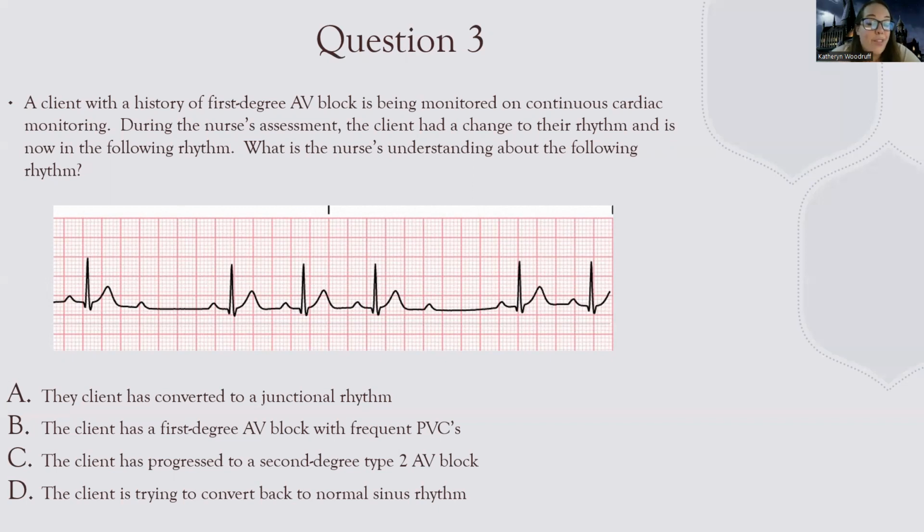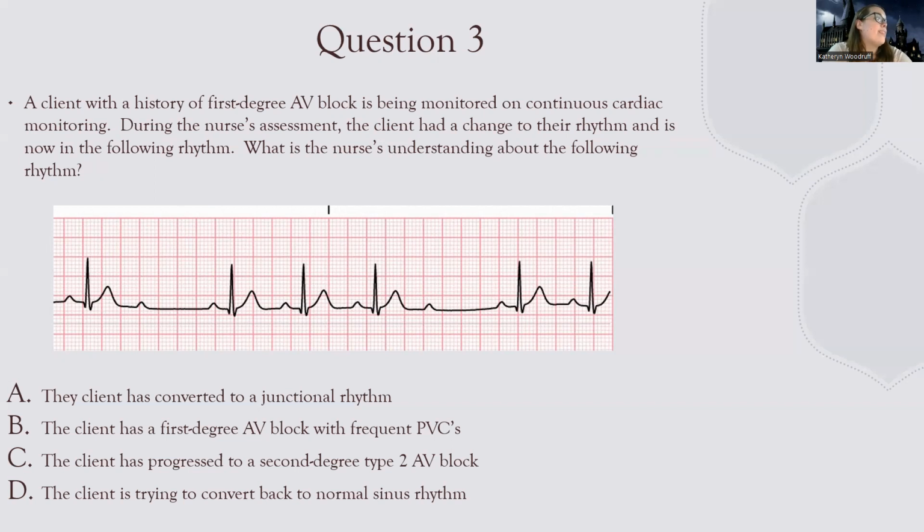More than likely, if they're in a first degree block, they went into some other type of block, because usually blocks progress. When I look at a rhythm like this, I see extra P waves. So I know it's not a first degree block because there's extra P waves. It's irregular, so I know it has to be a second degree block. Third degree blocks have regular R to Rs.